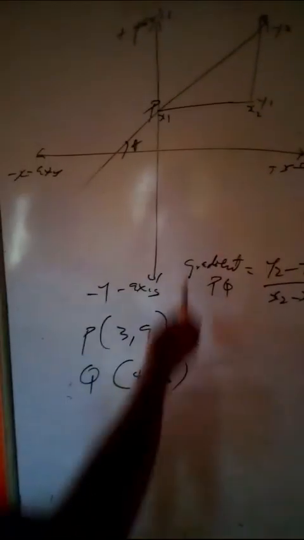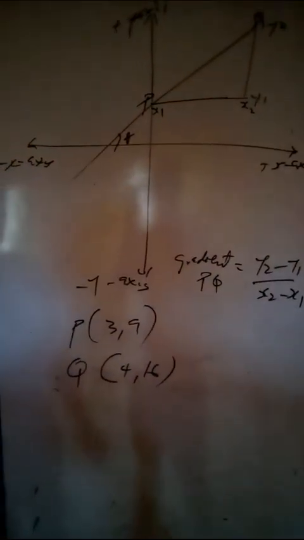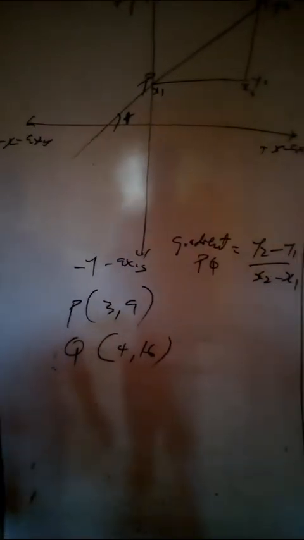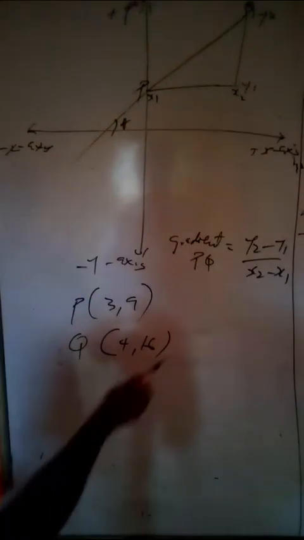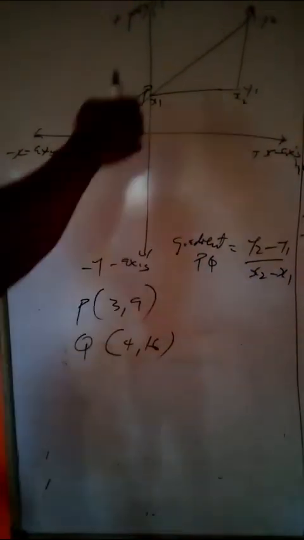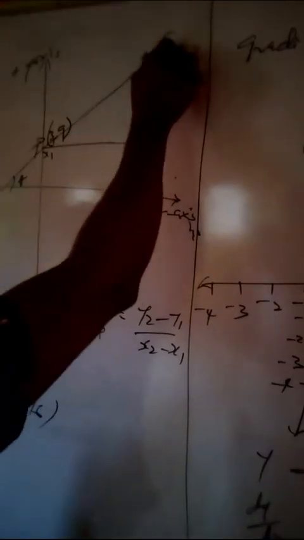So from these values, we can calculate the differentiation or the gradient of position PQ. So if we put these values along these coordinates, it means that P is 3, 9 and Q is 4, 16.